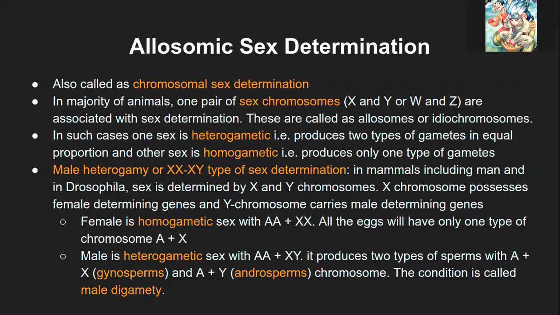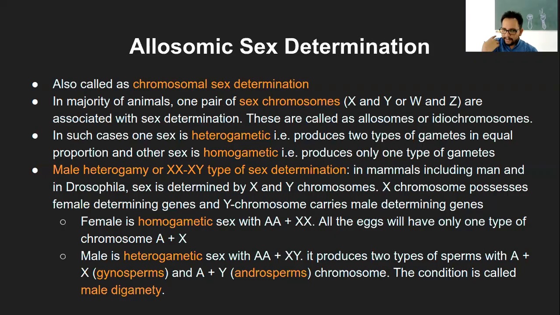Since Y is the male determining chromosome, if it has two Y, then the body features should be male, right? So there are certain conditions, what we call triploidy, three sets of chromosomes. It can be XXY, it can be XYY.